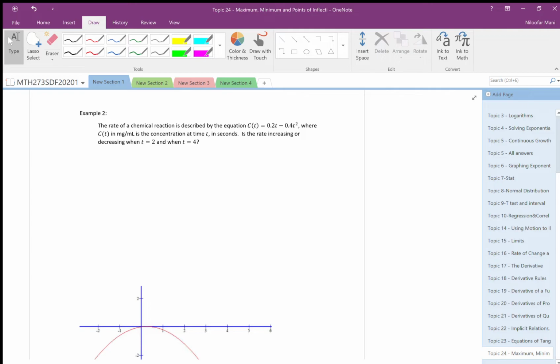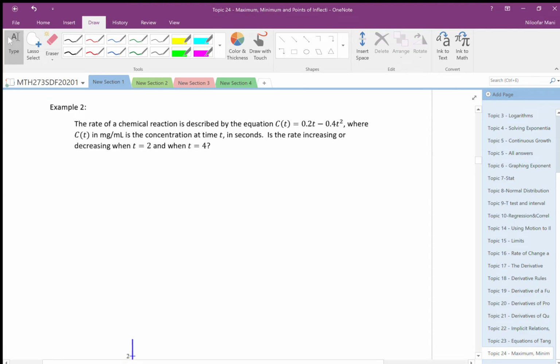To this question. The rate of a chemical reaction is described by this equation. I don't even consider the chemistry part or the physics part, because we are doing just math, but you can also understand it from that perspective.